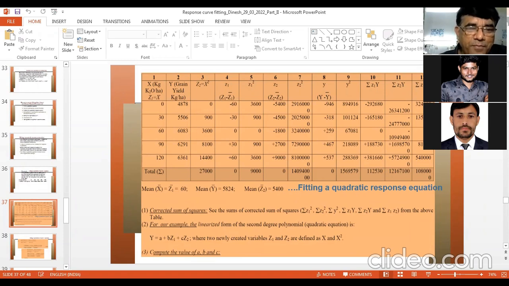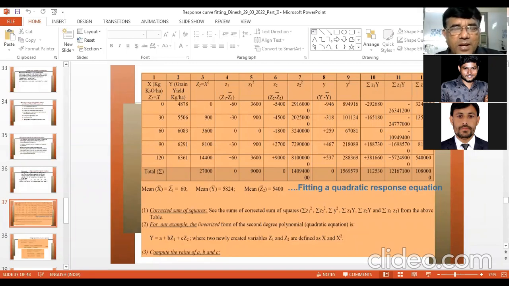Number 2, for our example, the linearized form of the second degree polynomial is y is equal to a plus b Z1, remember, it is capital Z1, plus c Z2. Here comes the statistician. The statistician wanted to measure the linear distance.